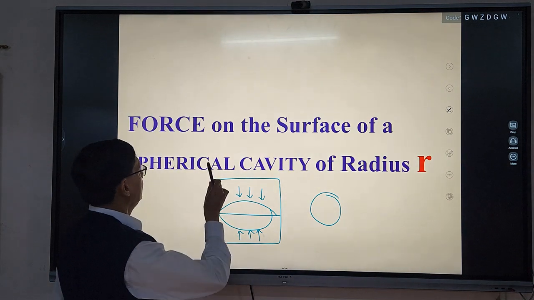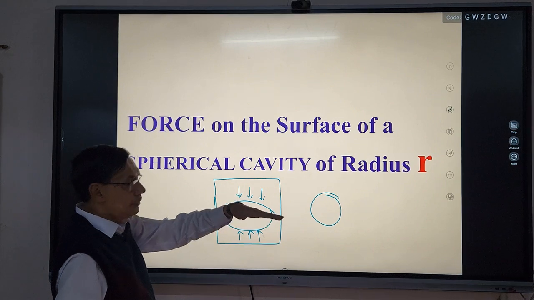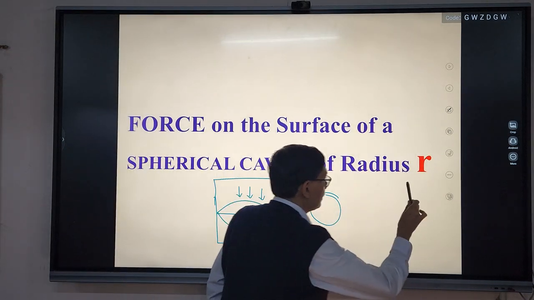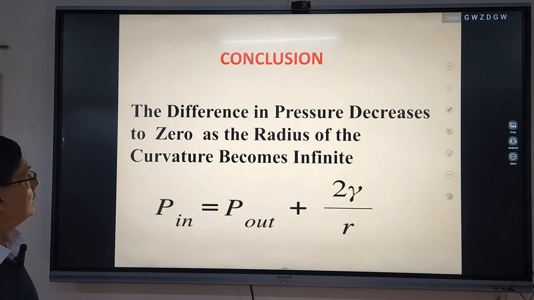So first we will calculate the force on the surface of this spherical cavity, and the radius is r. So let me derive these equations.